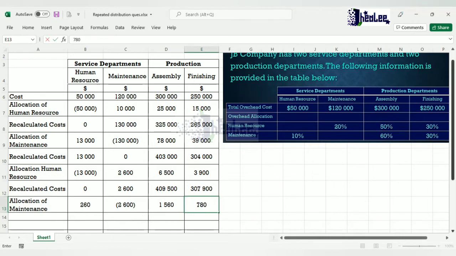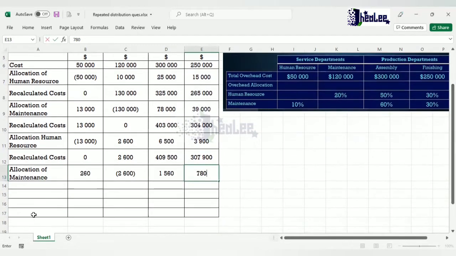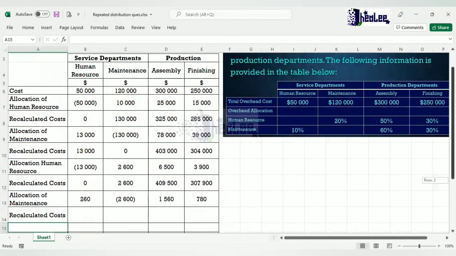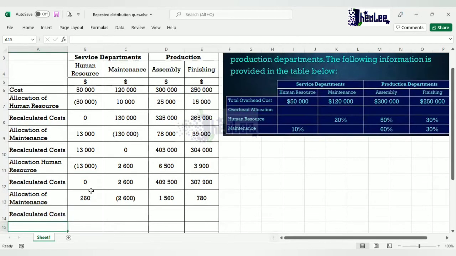Now that we are at this stage, we now need to do the recalculated cost. For the human resource department, there was $0 in the previous step when we had recalculated. Now it is 260. So our total there is 260. The maintenance, we have distributed all of that, so that is $0. For the assembly department, it was 409,500. We're now adding $1,560 to that.